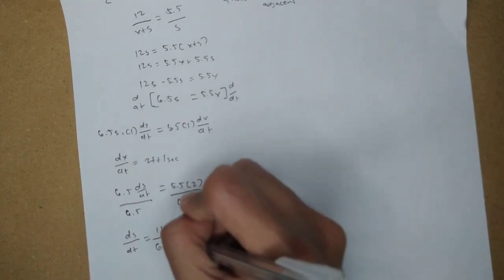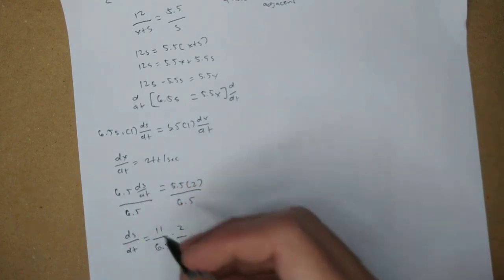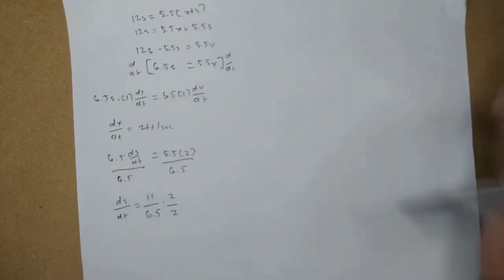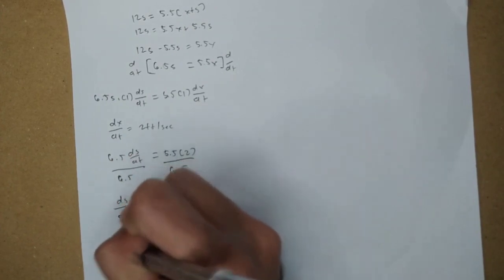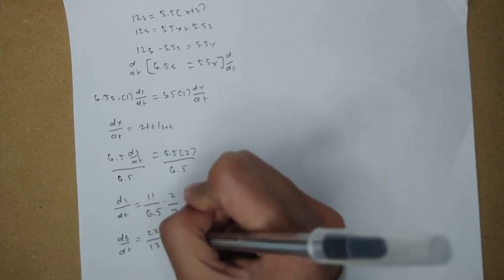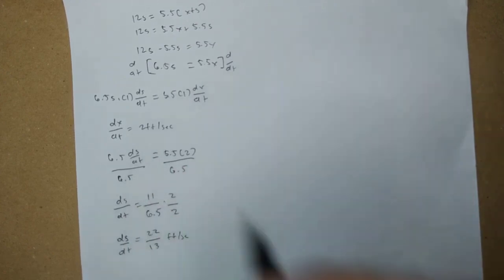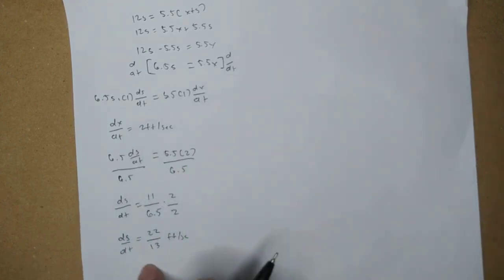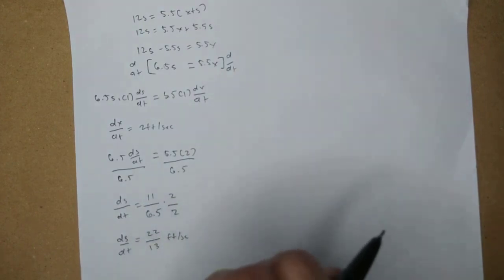We're just going to multiply it by 2 over 2, so it would become a whole number. ds/dt equals 22 over 13 feet per second. So this would be our ds/dt, but this is still not the thing that we are looking for.